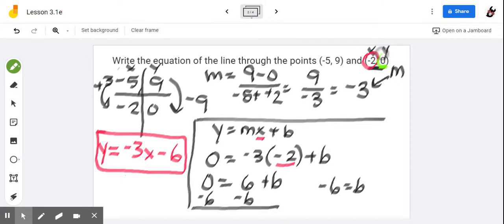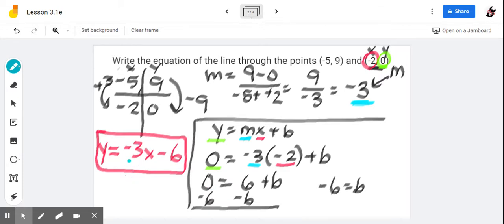This 0 went right here where the y was. And then our slope went right here where m is. So we substituted those numbers in. We simplified -3 times -2, and then we used inverse operations to solve. And lastly, we wrote our equation.